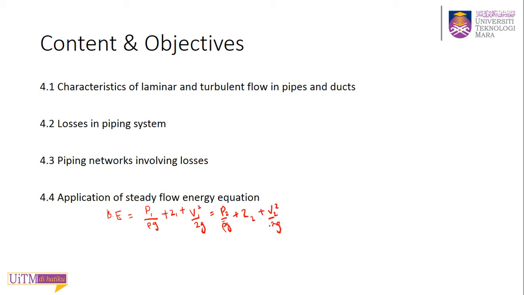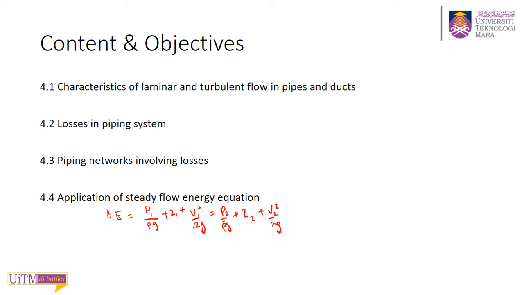So we have this equation in chapter 3, and in this chapter we will still use the equation, but now we take into consideration the losses, because in chapter 3 we assume there's no losses, the fluid flows smoothly, no friction, no heat, whatever.